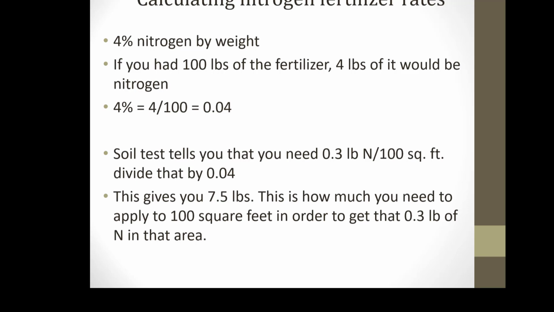If you had 100 pounds of the fertilizer, 4 pounds would be nitrogen. 4% is 0.04. Your soil test says you need 0.3 pounds of nitrogen per 100 square feet. You divide that by 0.04 and that gives you 7.5 pounds. This is how much you need to apply to a 100 square foot area to get that 0.3 pounds of nitrogen in that area.